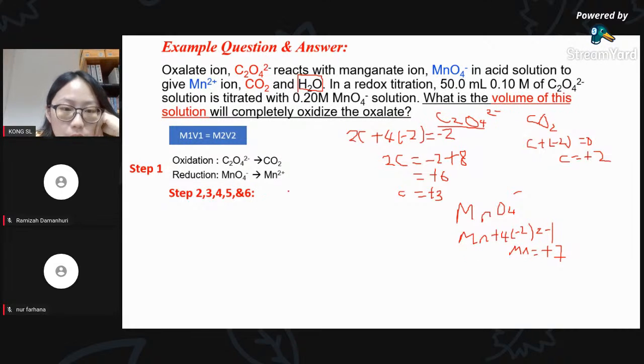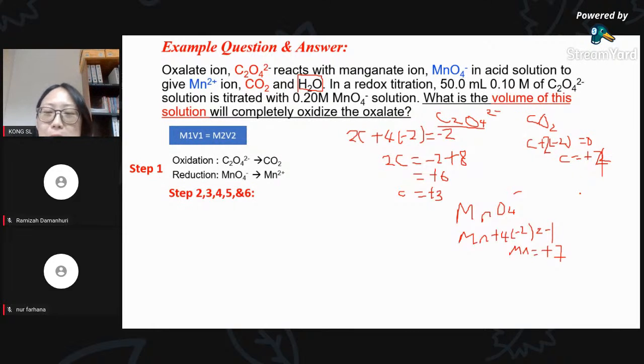So, positive 7 reduce. Okay, tapi yang ini mengapa kurang? Apa yang saya kira? 2C, negative 2, CO2. Oh, here there are 2. Something to be careful. Madam kira silap kat sini. There are 2. That's why it's positive 4. Okay, is it positive 4? Yes, positive 4.